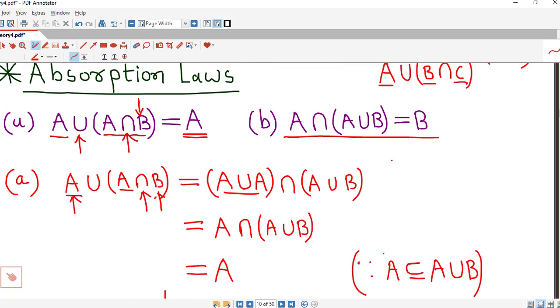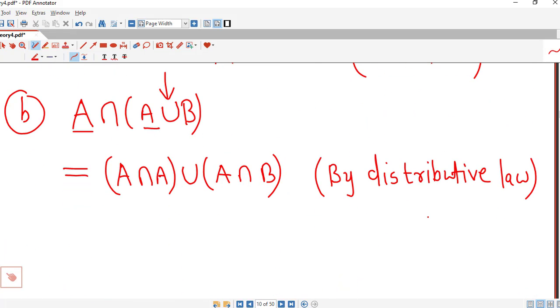Here also we should mention what we are using by distributive law. This is equal to intersection of A with A is A itself, union A intersection B.